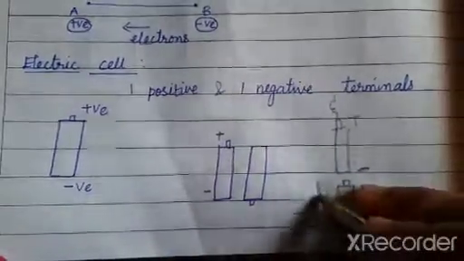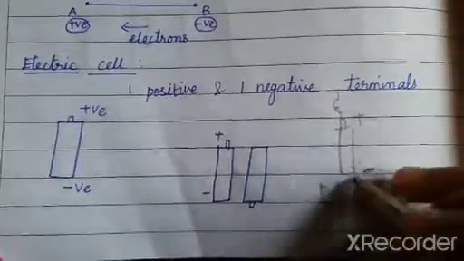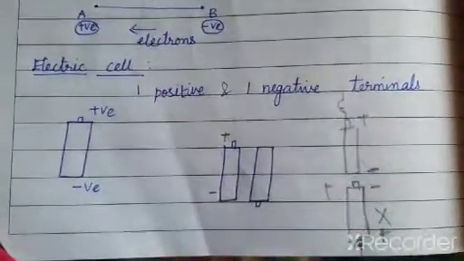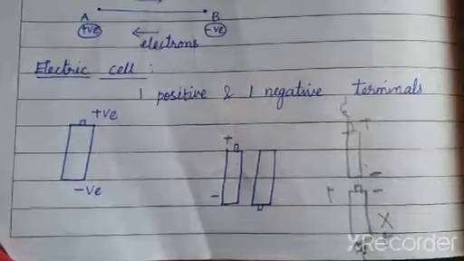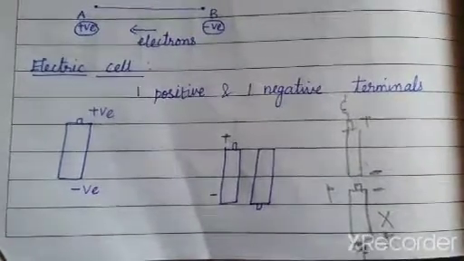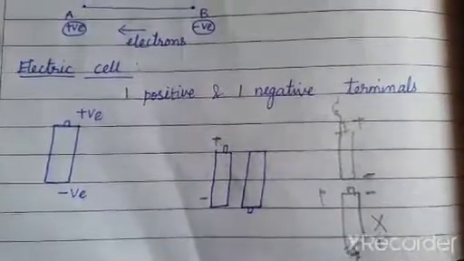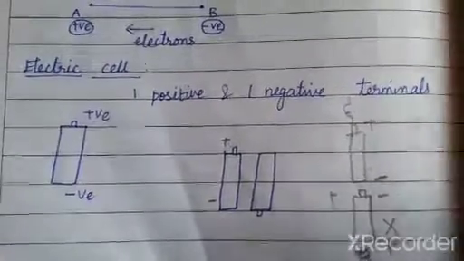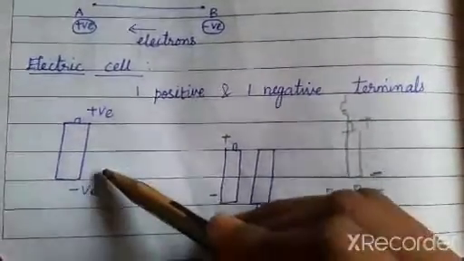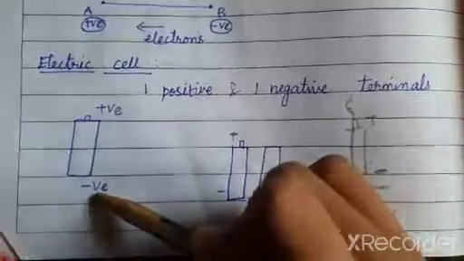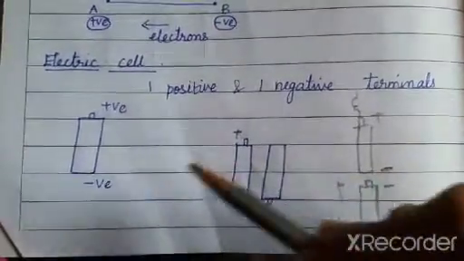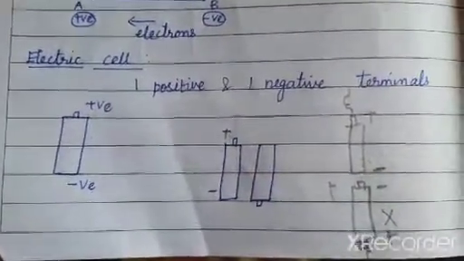So the current can flow through continuously without any interruption, and the torch light will glow brightly. Understood? Always keep in mind that the current flows from the positive to the negative terminal, and connect the cells accordingly.